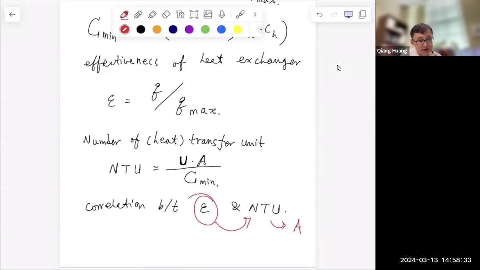How much surface area do we need to design in order to achieve the Q that we need?